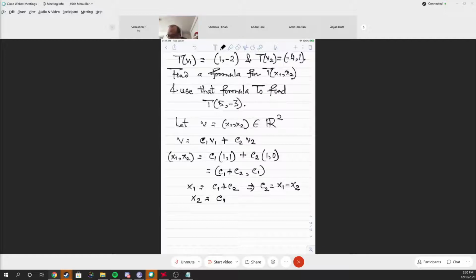Hence V, that is x1, x2, is C1 which is x2 times V1 plus C2 which is x1 minus x2 times V2. So TV is x2, a scalar, goes out, TV1 plus x1 minus x2, a scalar, TV2.